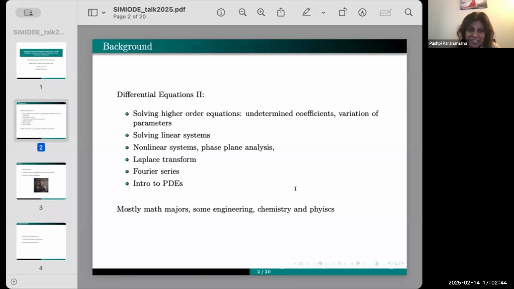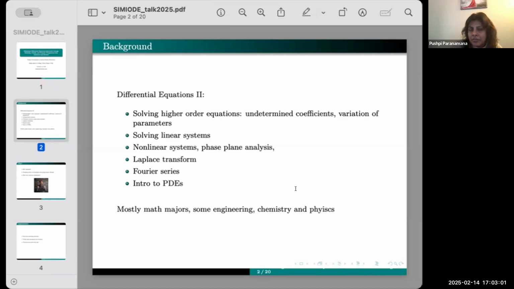Just to give a little bit of background, we have two differential equations classes. The first one is more linear algebra, and then it's like an introduction to differential equations: first order, second order.